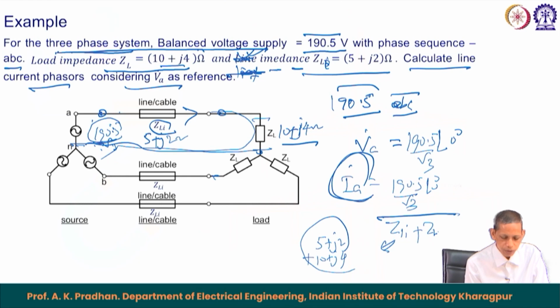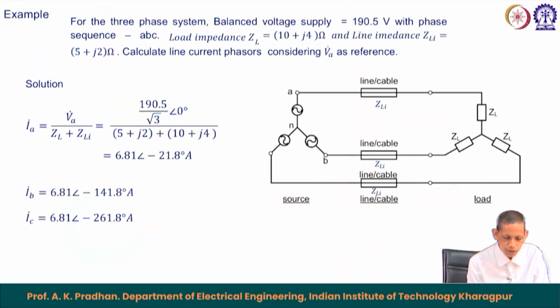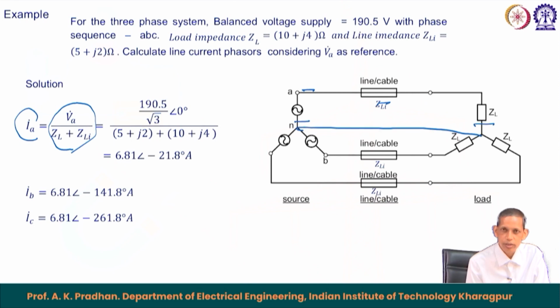Once you know I A, because this is a balanced system, we can find I B and I C also, 120 degrees lagging to each other. So, I A equals V A divided by the sum of line impedance and load impedance for each phase.